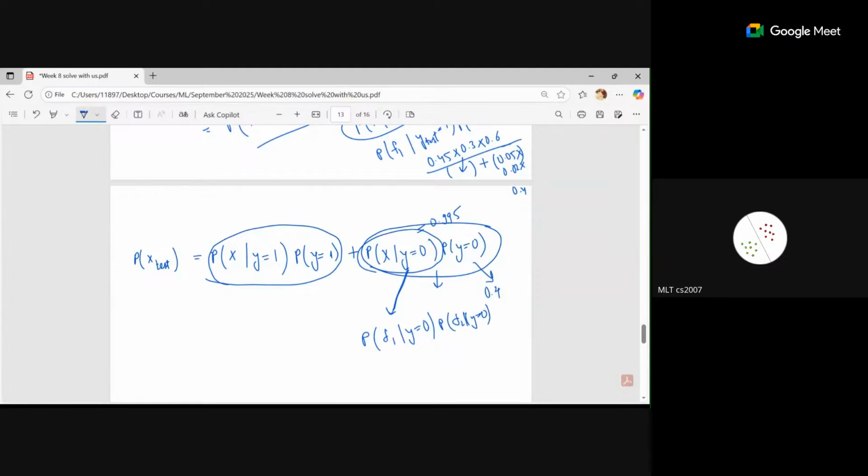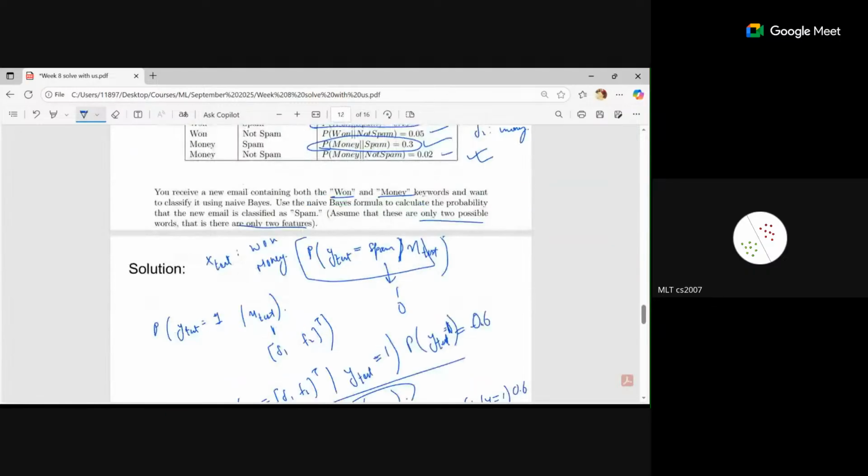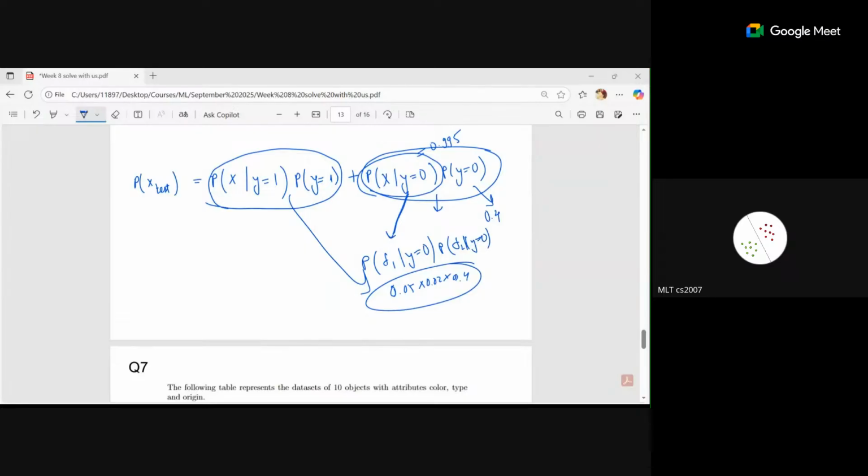Those are also given to us, which is 0.05 and 0.02. So this is 0.05 into 0.02 into 0.4, and you just add it with this. Any questions?